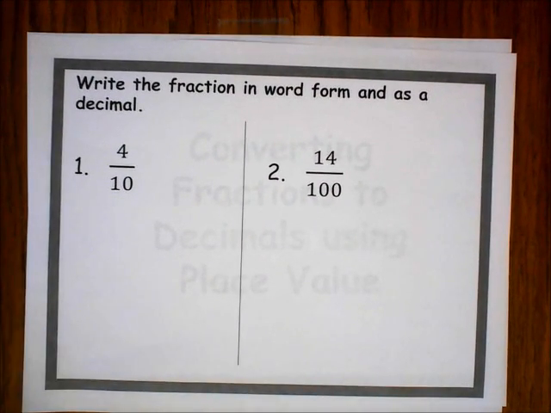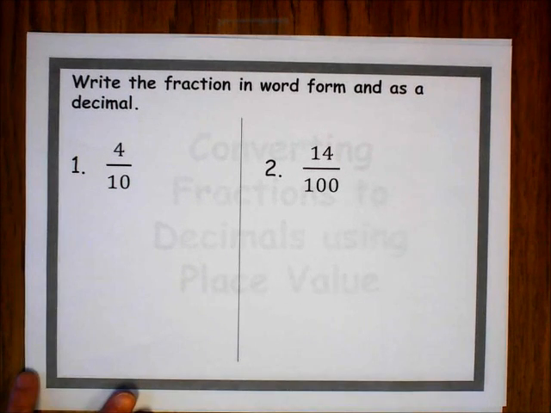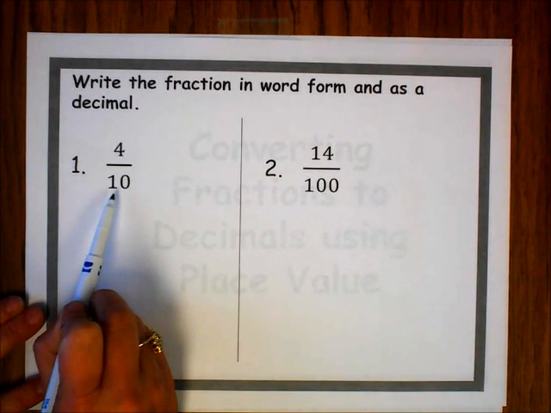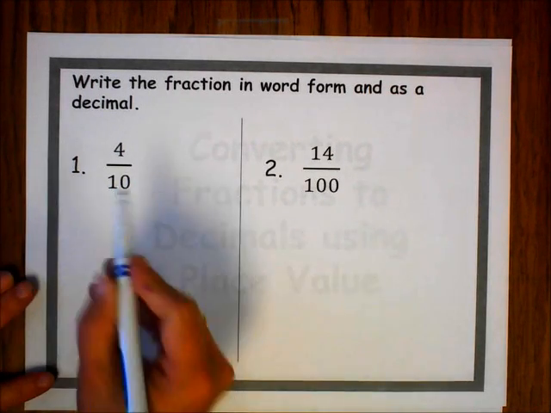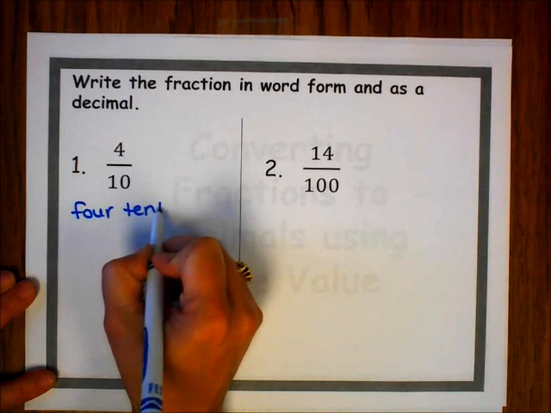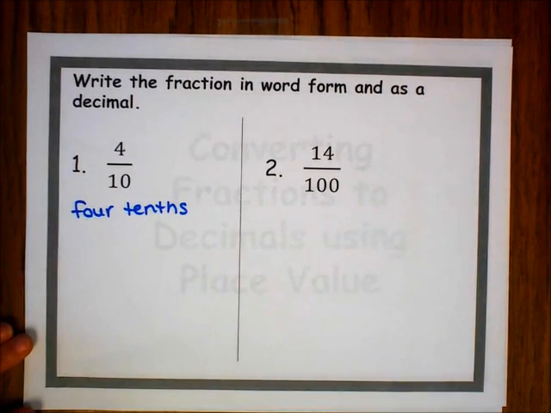The first few questions ask me to write the fraction in word form and as a decimal. So let's look at number 1. The correct way to say 4/10 is 4 tenths. So let's write that in words. 4 tenths. So there's word form. Now I need to write it as a decimal.